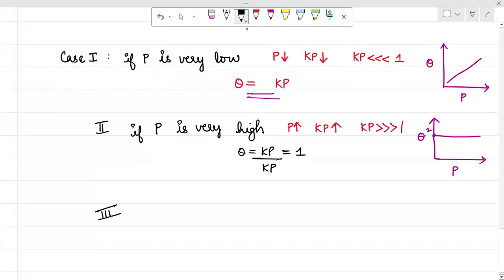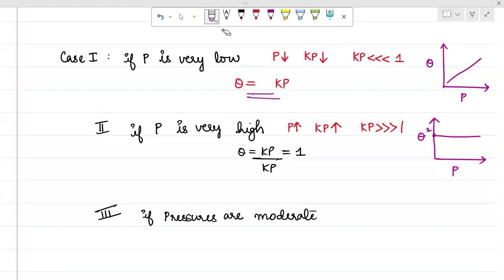Now case 3 is at moderate pressures. If pressures are moderate, what do we get? You will be getting a combination of these.